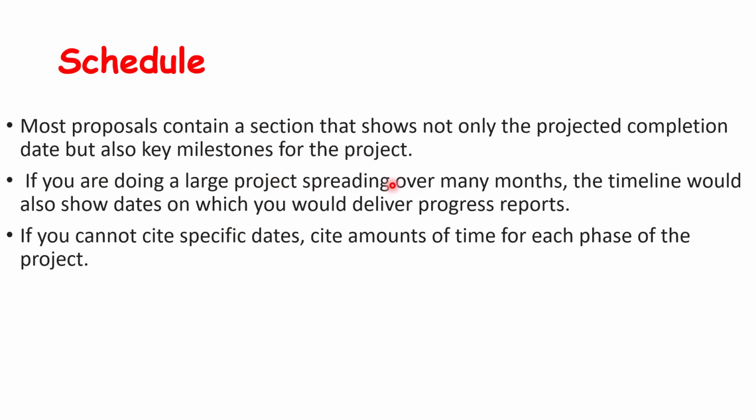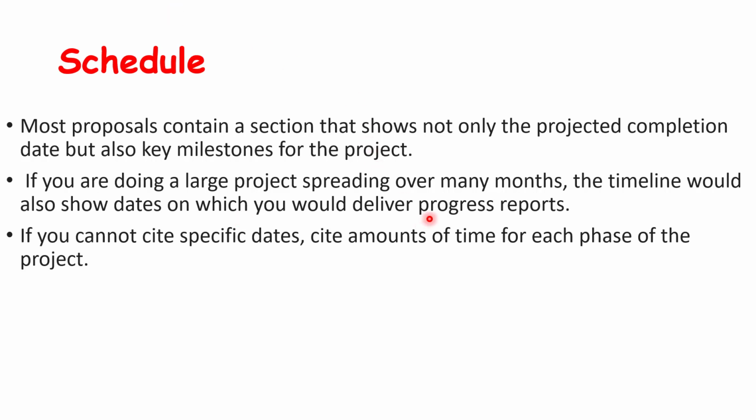If you are doing a large project spreading over many months, the timeline would also show dates on which you would deliver progress reports. For example, while I was a student, we had to do a semester project every semester, and in the schedule section we had to include things such as the first presentation, the second progress report, the final report or the midterm report.